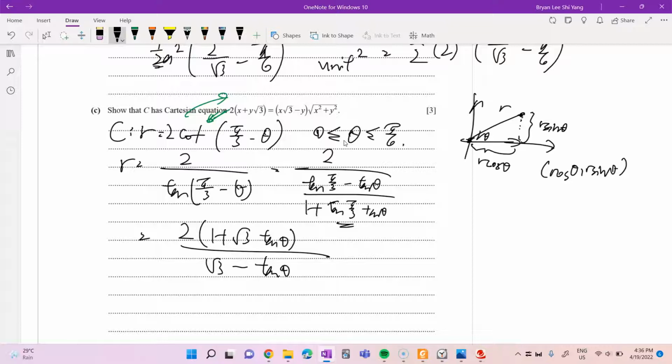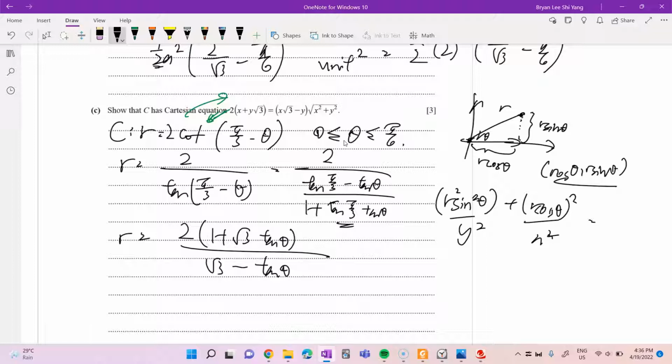Okay, so this is your r, and then recall that r square sine square is basically y square, plus r square cosine square is x square. My brain's fried.